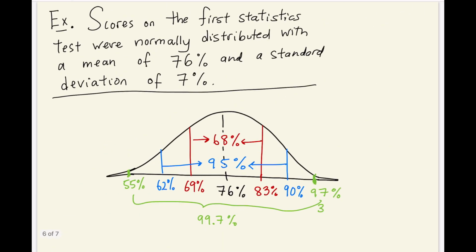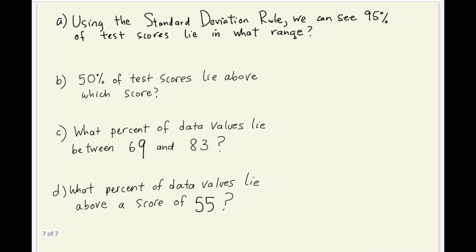So I can immediately see in my distribution that means test scores from 62% to 90%. That's just two standard deviations.